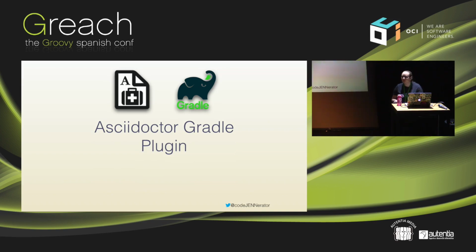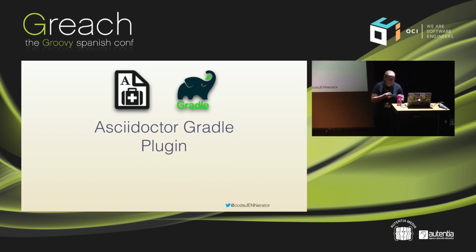Gradle plugin. From the show of hands at the beginning, there weren't that many people that were familiar with Asciidoctor. AsciiDoc is a really great format for writing documentation. It's similar to Markdown if you've used that before.